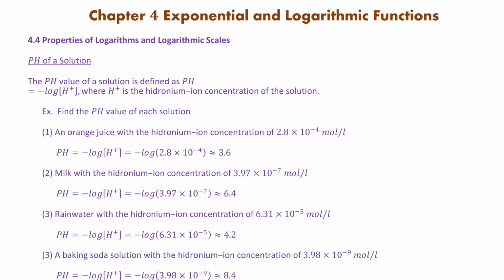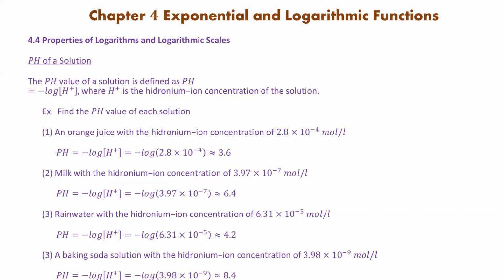The concentration in standard unit is moles per liter. Using the definition of pH value, it's just the negative log of the concentration of hydronium ion. So that's negative log of 2.8 times 10 to the negative 4. You can use a calculator to find out. That will give you 3.6.